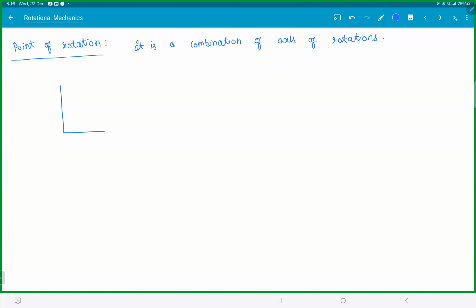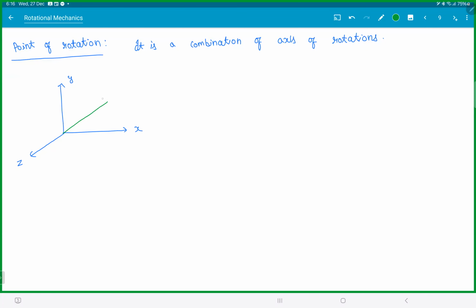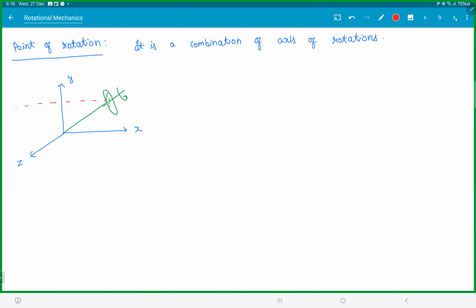Let's say X, Y, and Z. We have some disk like this, rotating in one direction, and this whole setup is again rotating in another. So there are two axes of rotation here: self-rotation and the whole revolution.